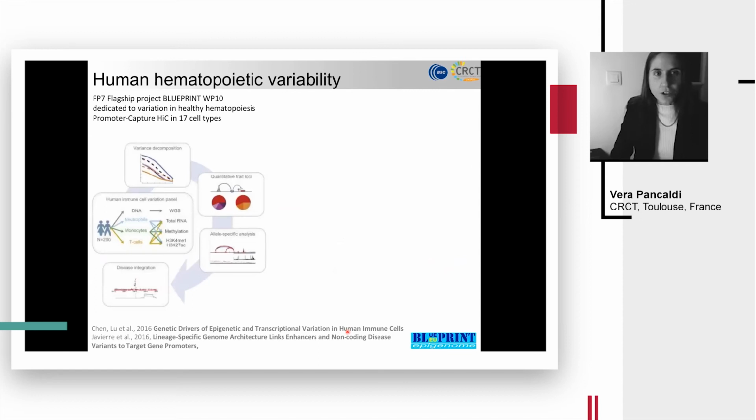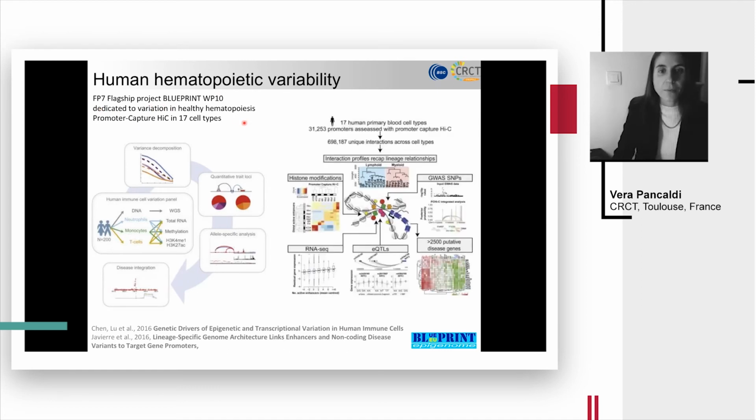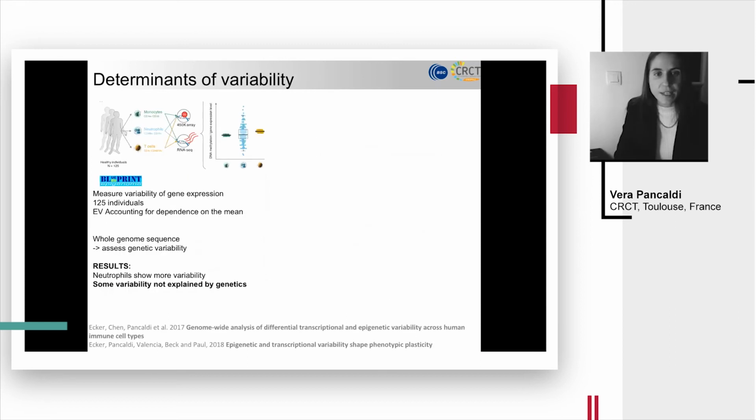So just to conclude, one part of my work that I haven't been mentioning at all is related to studying hematopoietic variability. Some years ago, we were involved in this BLUEPRINT project where we produced a lot of reference epigenomes for different hematopoietic cell types, so blood cell types. And we were lucky enough to have these 17 chromatin contact networks from different hematopoietic primary cells.